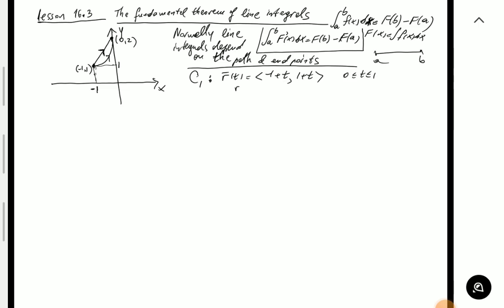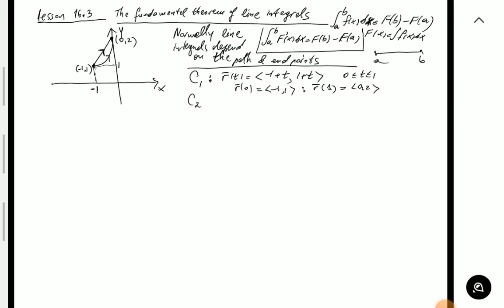That means the starting point r of 0 is going to be minus 1, 1, as you can see here, and r of 1 is going to be 0, 2.